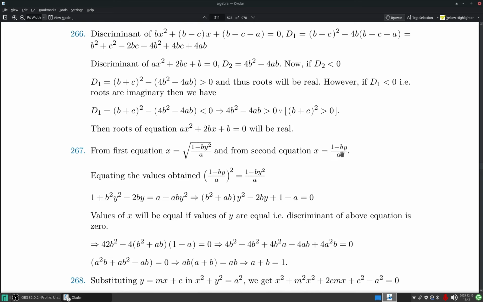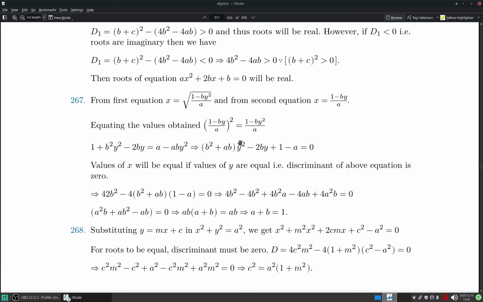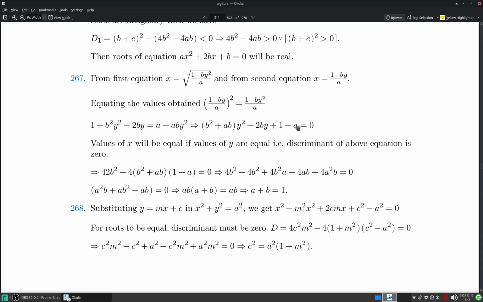So we square this and we square this. We get (1 minus by) whole square is equal to a into (1 minus by square), with the a's cancelling and multiplying. So (1 minus by) whole square would be 1 plus b square y square minus 2by, and a when multiplied with this would be a minus aby square. We can rewrite this as (b square plus ab) y square minus 2by plus 1 minus a is equal to 0.